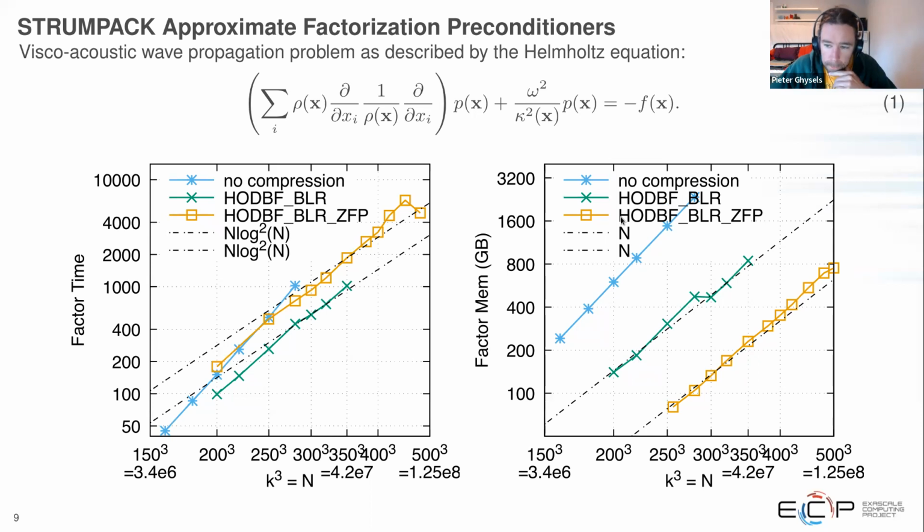And the orange line is a combination of HODBF, BLR, and the ZFP compression to even further reduce the memory requirements. Similarly, for the scaling of the factorization time, we get close to linear or log linear scaling for the time, compared to n squared scaling of the time for the exact sparse solver.